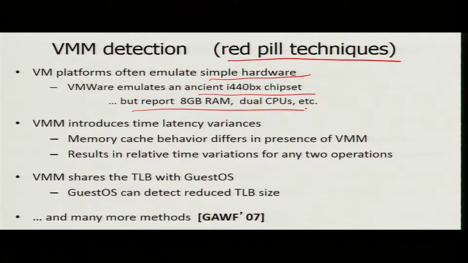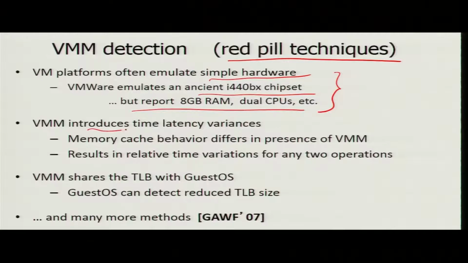So if you can detect that the hardware you are accessing is emulated by checking that it is some kind of dated hardware, then you can suspect that it is a virtual machine.